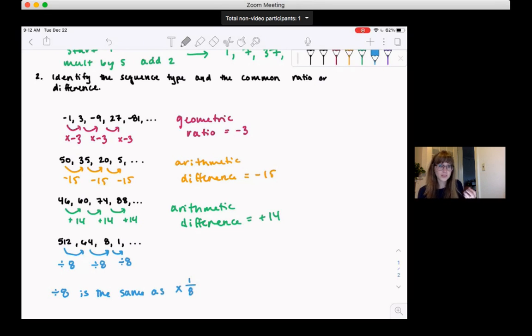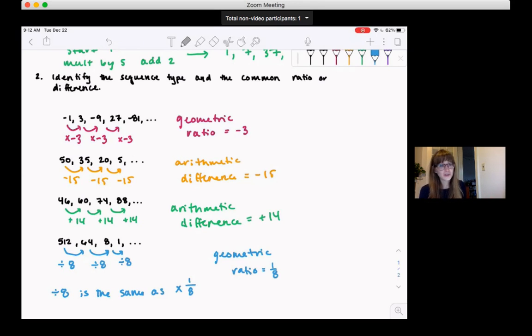So if we notice that we're always dividing by the same number, we get a geometric sequence. And our common ratio is going to be that corresponding fraction that we could multiply by. So dividing by 8, our common ratio is 1/8. If we were dividing by 10, the common ratio would be 1/10. Dividing by a million, the common ratio 1/1,000,000.